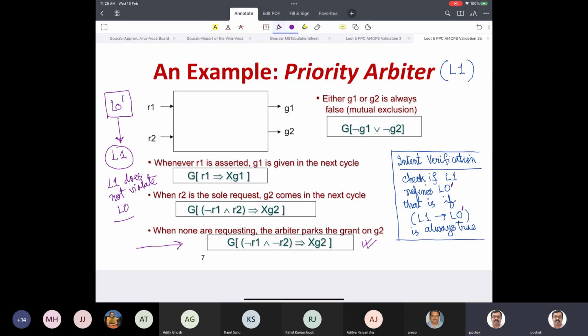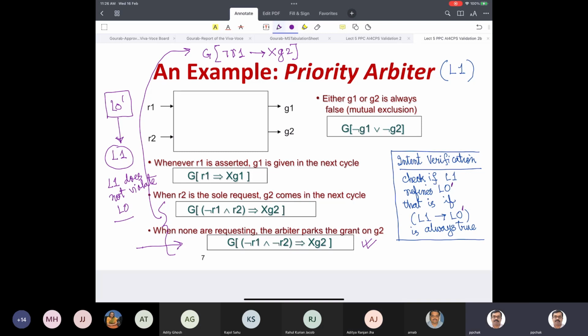Aditya, you are absolutely right. You would have combined these two and written, globally, not R1 implies XG2. Correct?